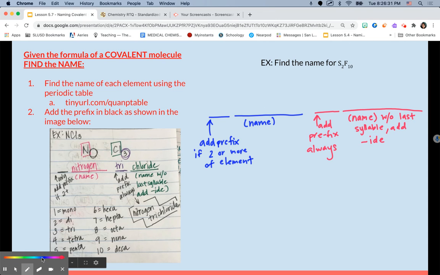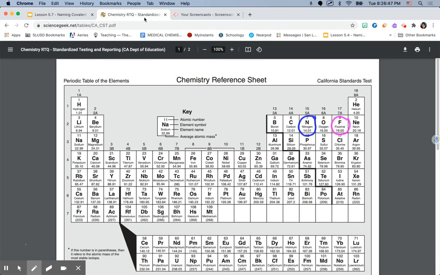Starting with the first element, I have S2. Second element is going to be F10. So S2, I'm going to look for the element S, and it is going to be sulfur.